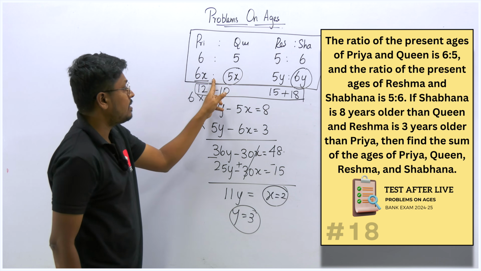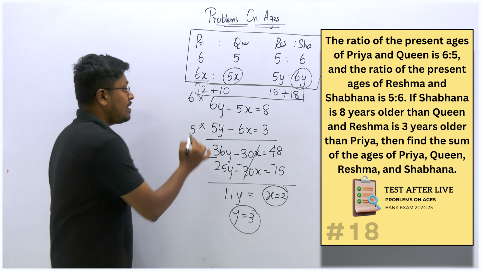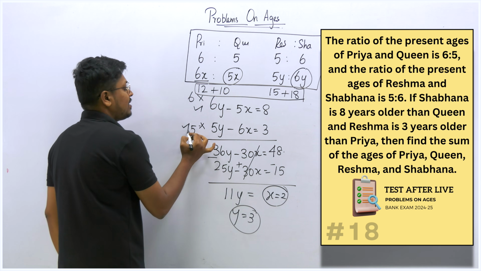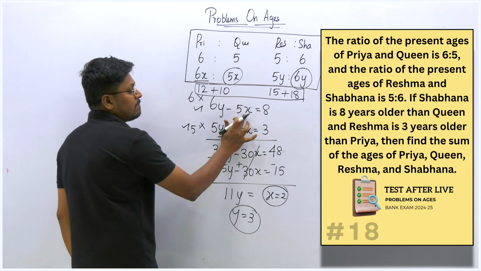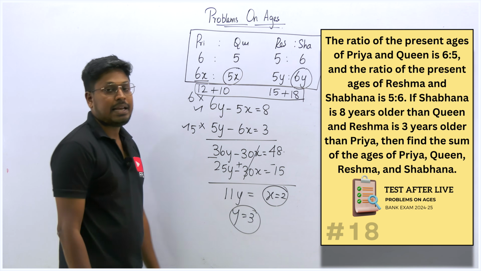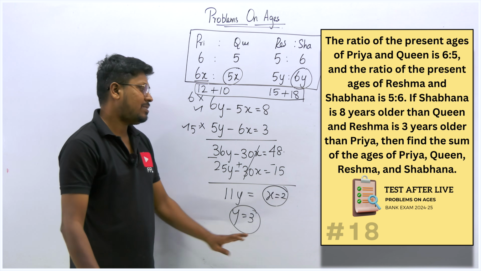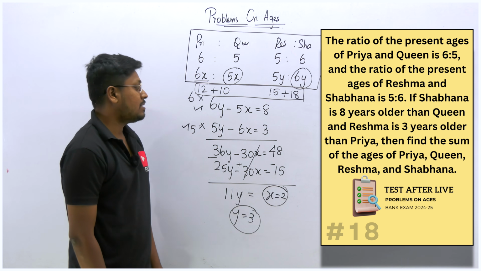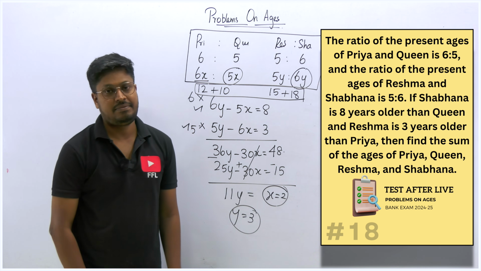That's the reason I have considered it as x here and y there. If you have a doubt here, just understand the basic concept: if one person is 8 years older than another, the difference between both persons' ages is 8. That is the meaning of it. So you can solve the question easily. The answer for this question will be 55.